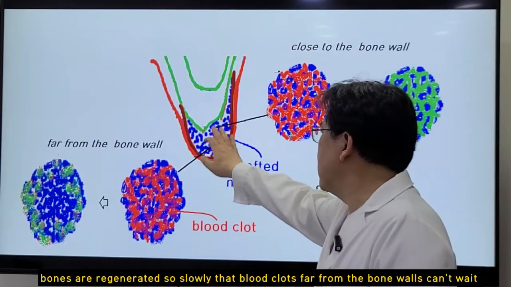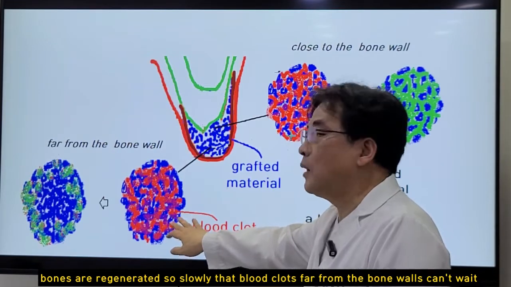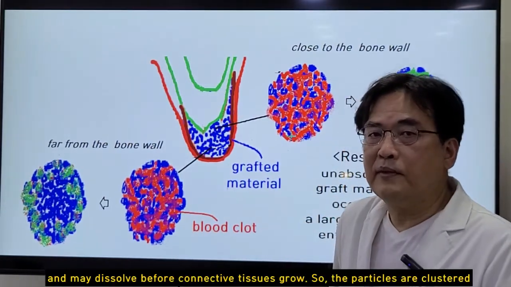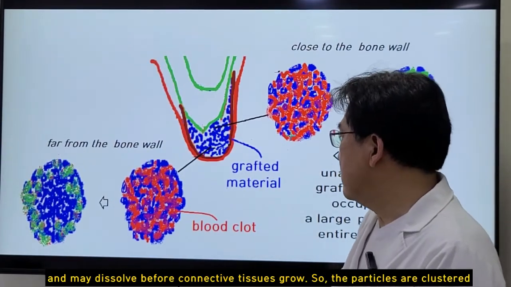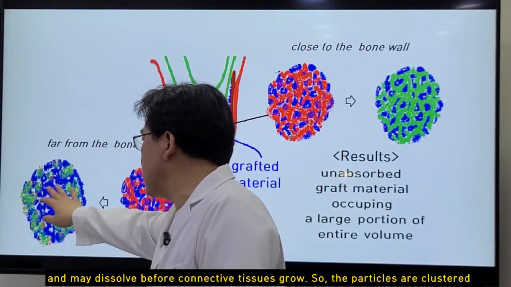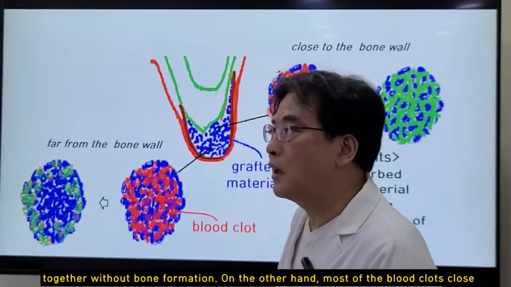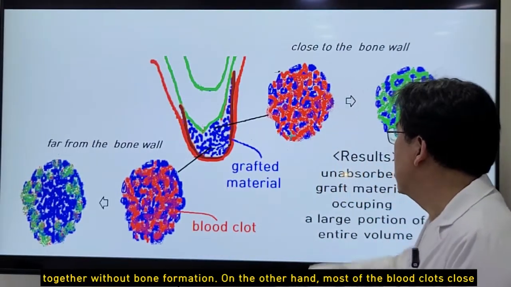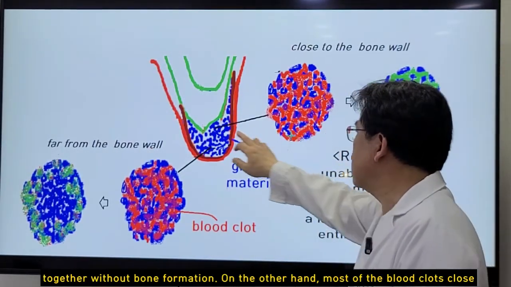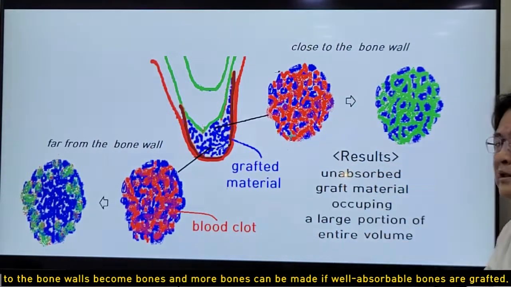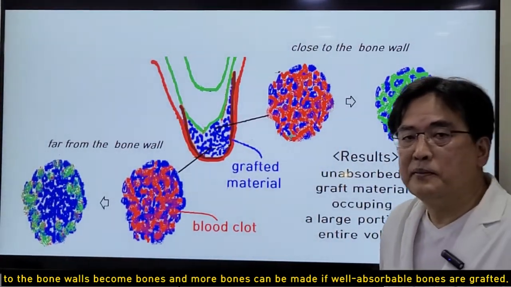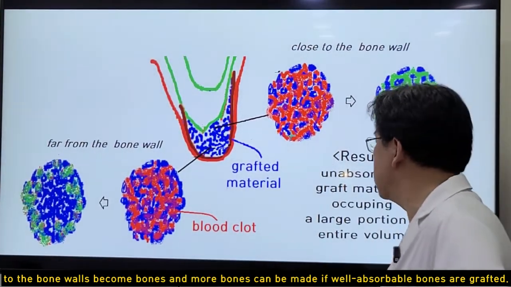The blood clots far from the bone walls cannot wait and may dissolve before connective tissues grow. So the particulate bones are clustered together without bone formation. On the other hand, most of the blood clots close to the bone walls become bone, and more bone can be made if well-osteoconductive bone is grafted.